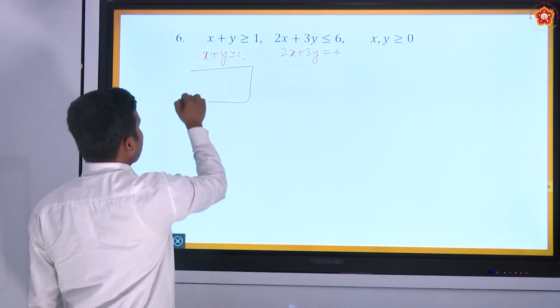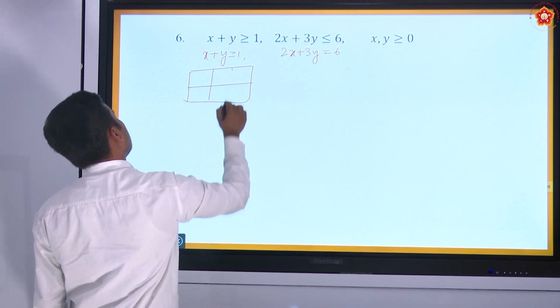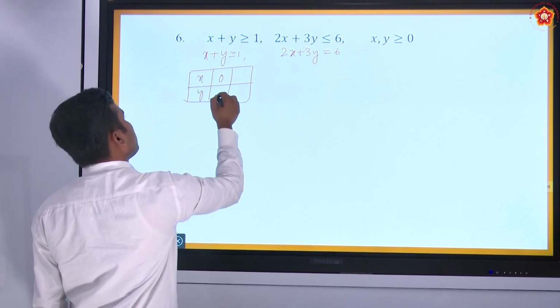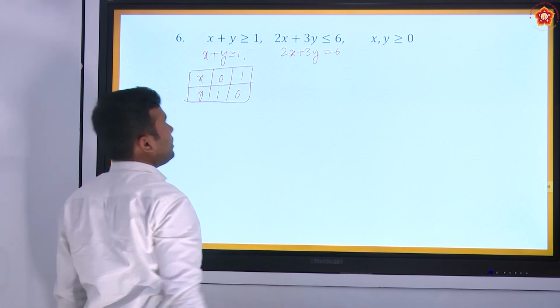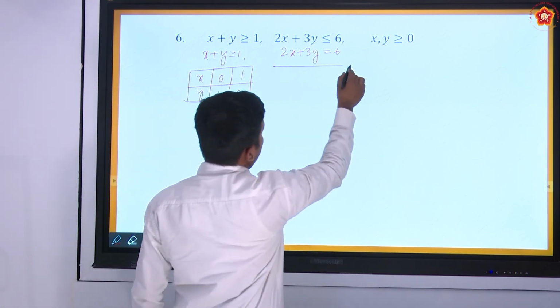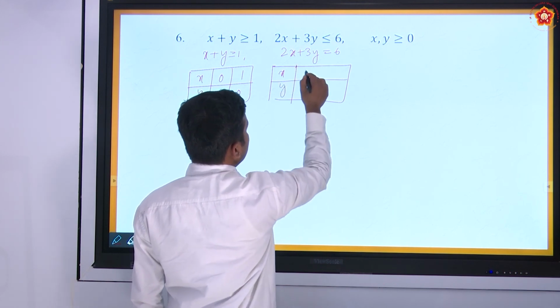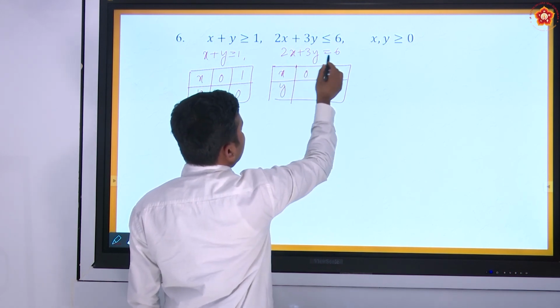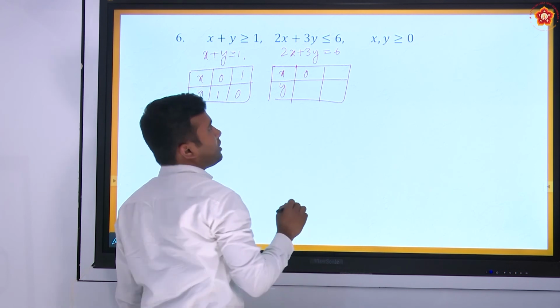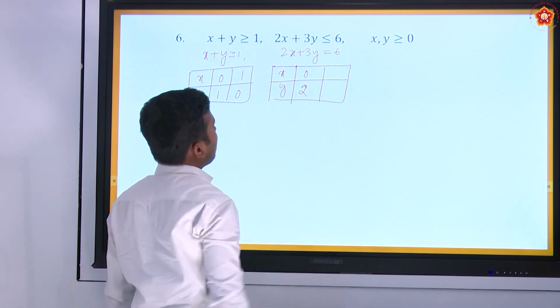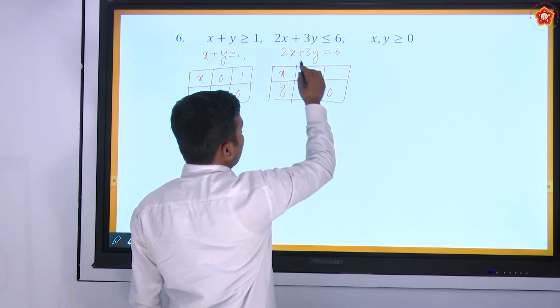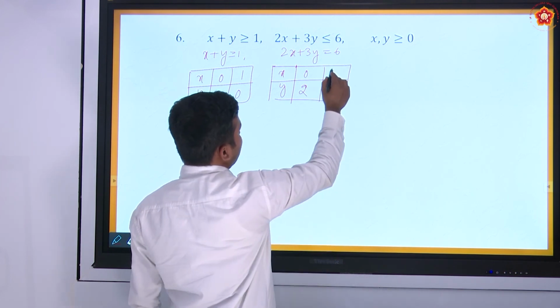So I can make x equal to 0, y will be 1, and y equal to 0, x will be 1. Here also you do the same. If x is 0, 3y is equal to 6, so y is 2. And if y is 0, 2x is equal to 6, so x will be 3.